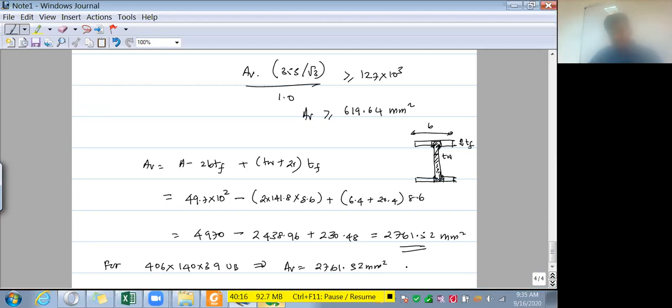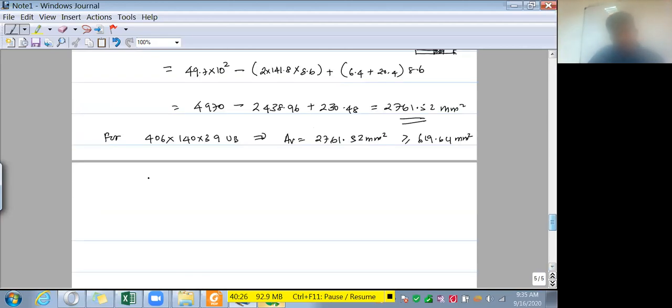That is greater than or equal to 619.64 millimeters square. Therefore, the section satisfies shear requirement.